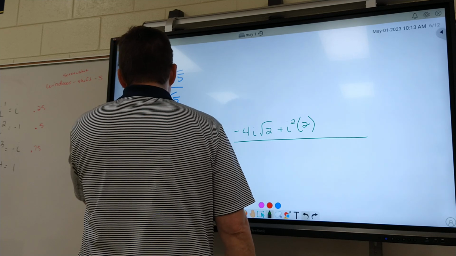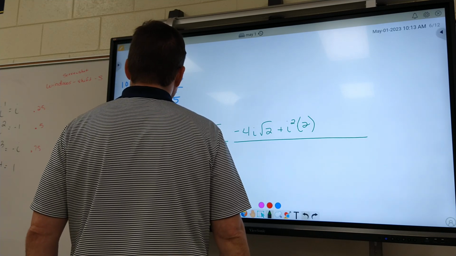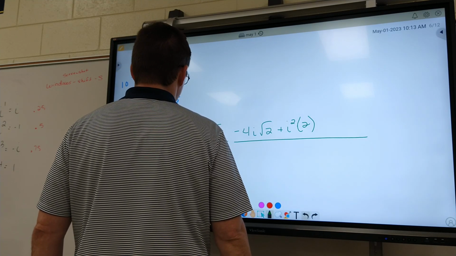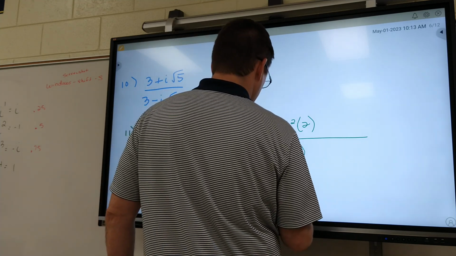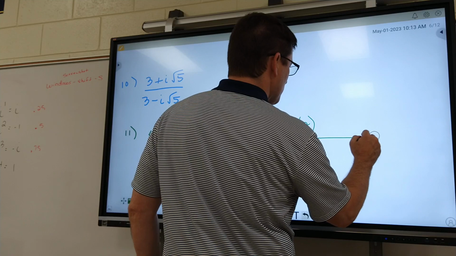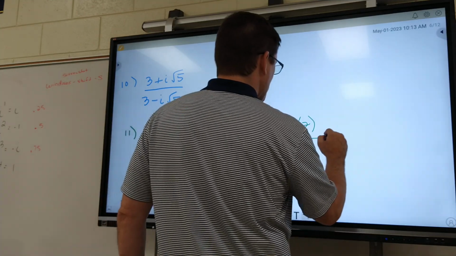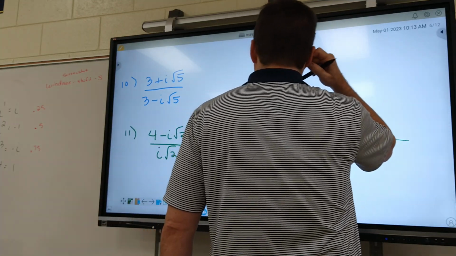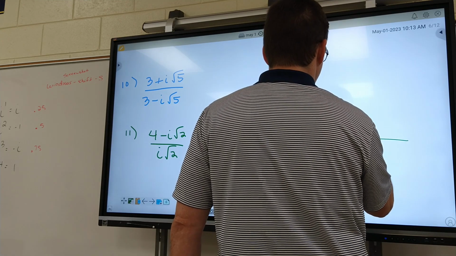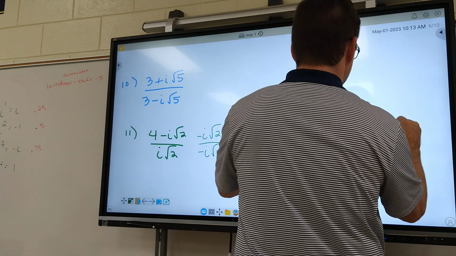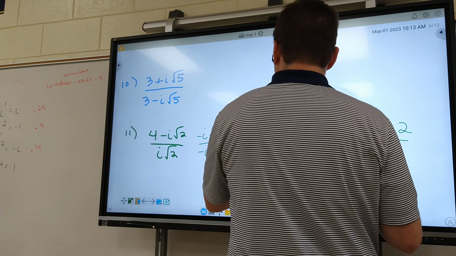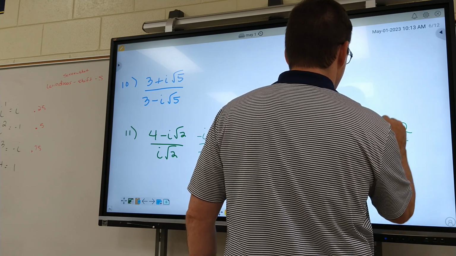Bottom: negative i squared and 2. Four i root 2. It's a minus 2.